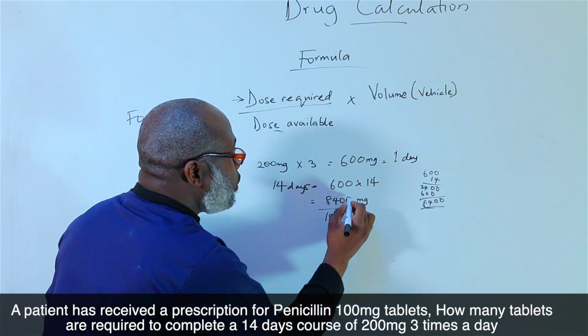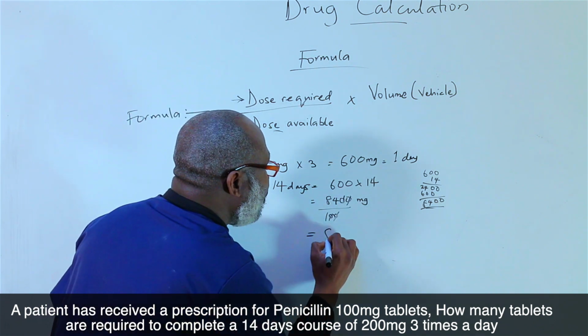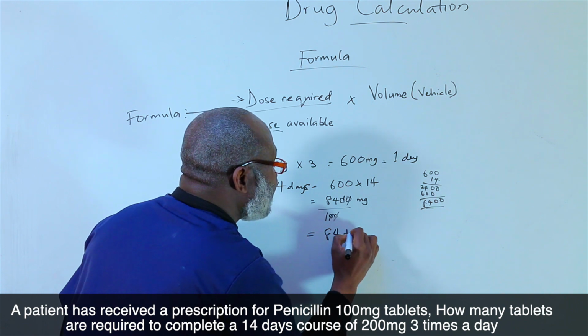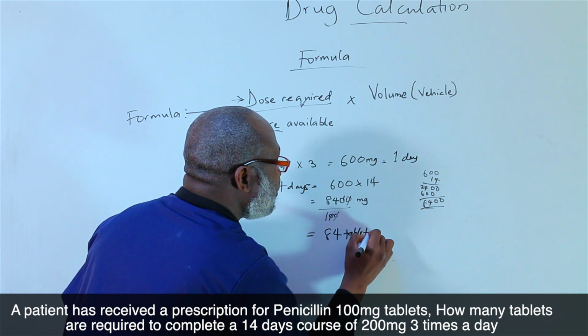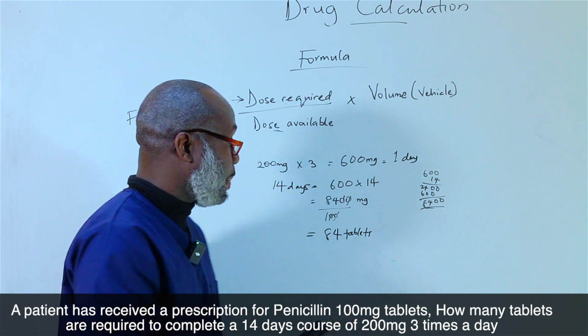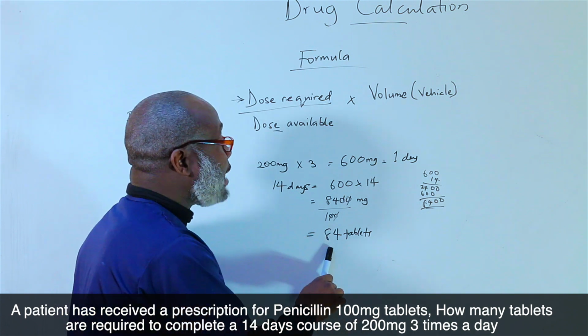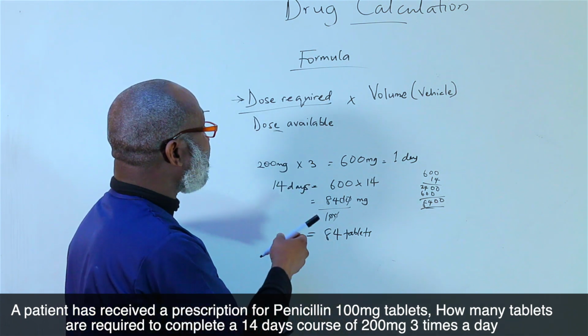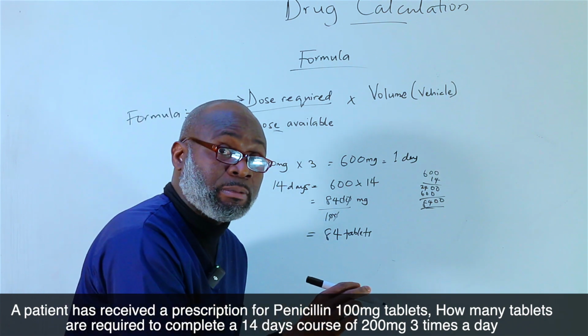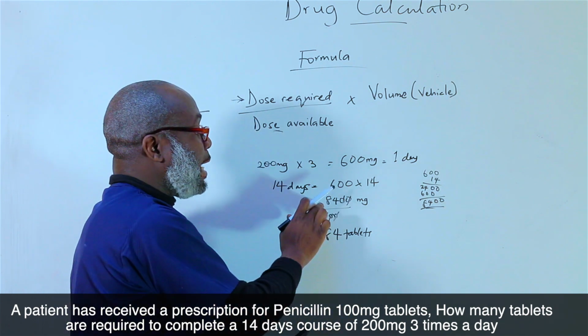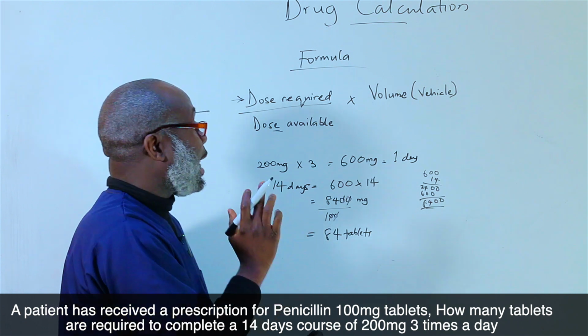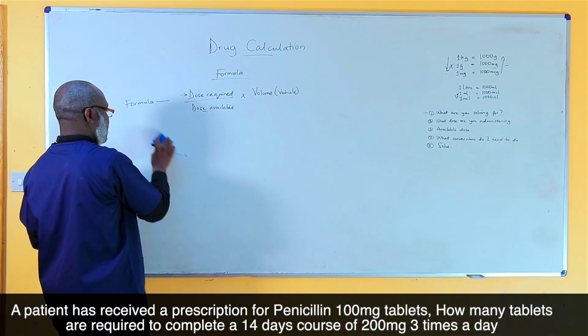When you divide that, it will give you 84 tablets. That is the answer. You need 84 tablets, because the tablets are in 100 milligrams, but you need altogether 8,400 milligrams. So let me do it again.